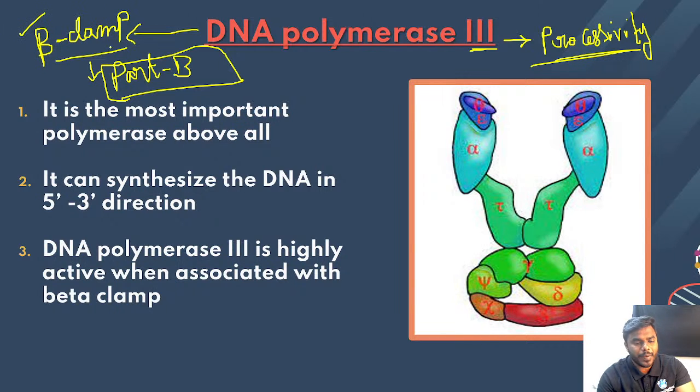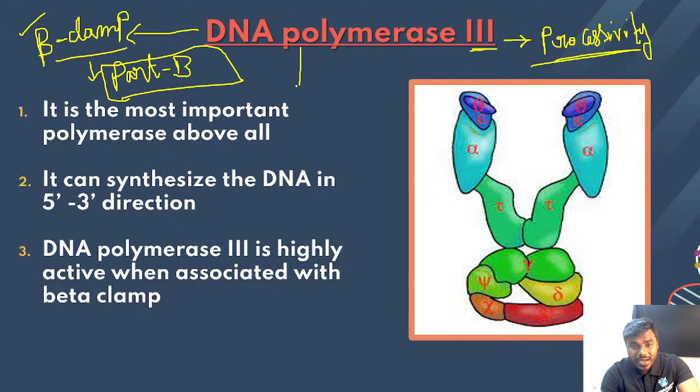That is the beta clamp. And friends, please don't think that the same beta clamp is present in eukaryotes also. Eukaryotes are entirely different because we are complex organisms. The mechanism may be similar, but almost 90% of the proteins involved will be entirely different compared to the prokaryotic organism. I will be explaining step by step.